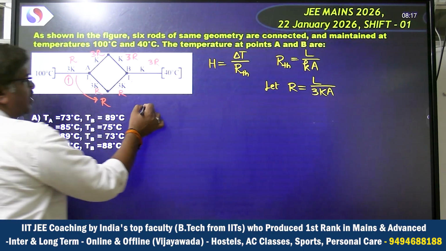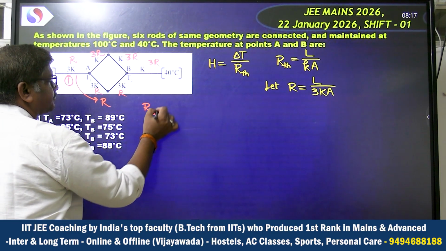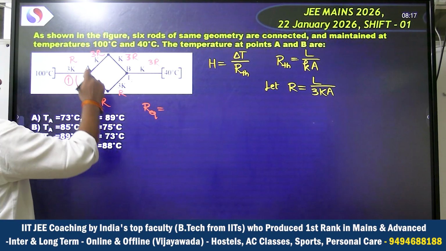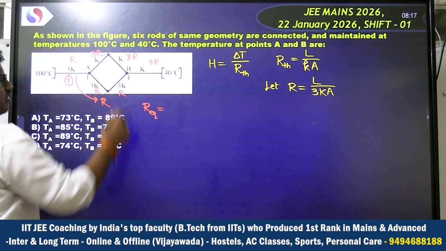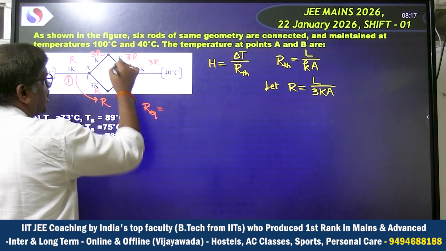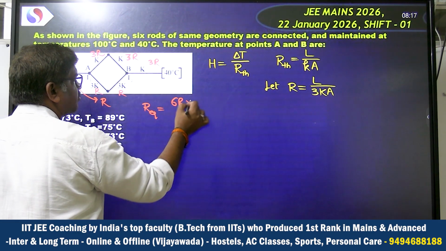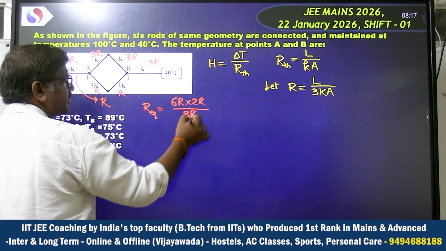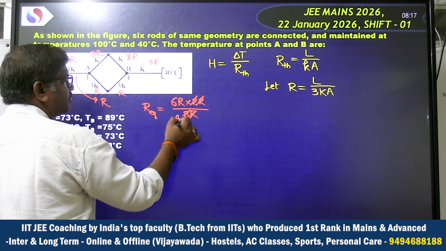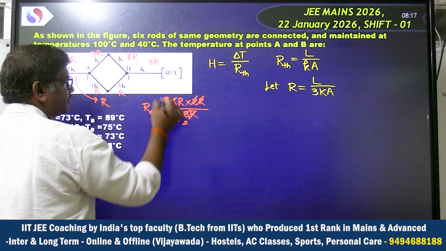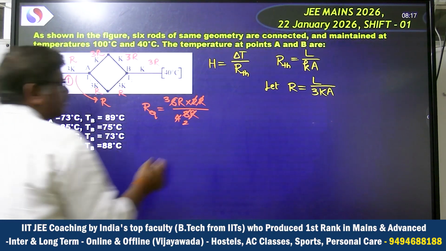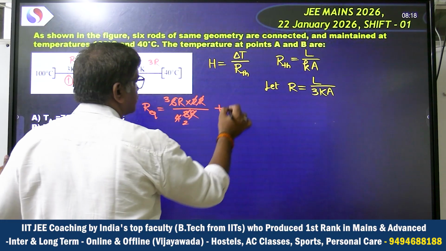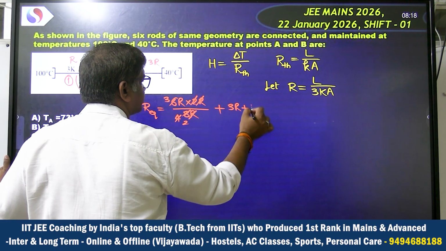This way, if I calculate the equivalent R of this circuit, the upper and lower branches are 6R and 2R, so they are in parallel: 6R into 2R divided by 8R, which gives 3 by 2 R. Then the 3R and R are in series.